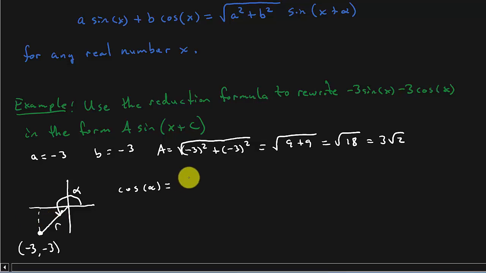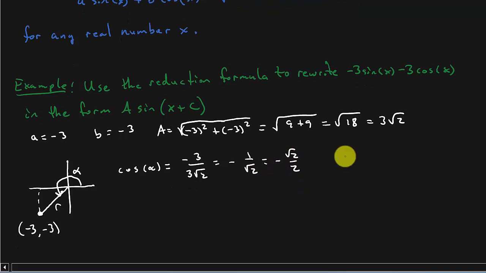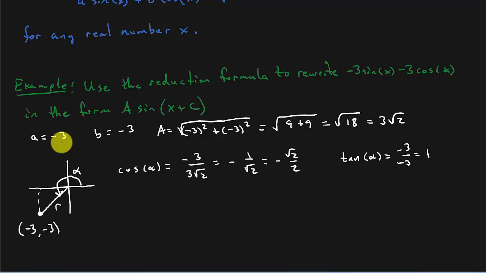So you could find this as -3, which is our X, over 3 square root of 2, which is -1 over square root of 2, which is negative square root of 2 over 2. You could also look at it as tangent alpha is equal to -3 over -3, which is 1, because remember, tangent is Y over X. So you can look at it either way. It doesn't matter, you're going to get the same answer anyway.